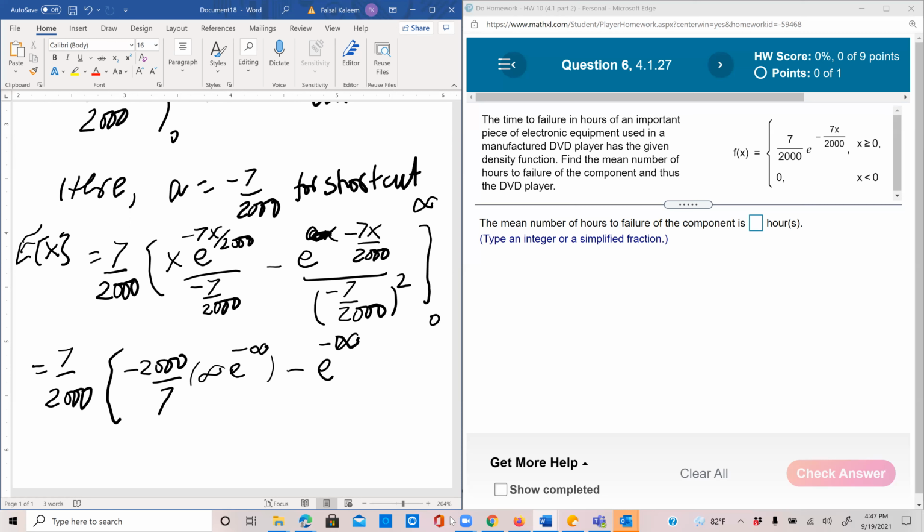These were the upper limits, minus the lower limit. When you substitute x equals 0, this 0 makes everything 0, and then 0 minus e to the 0 over 2000 over 7 whole square.